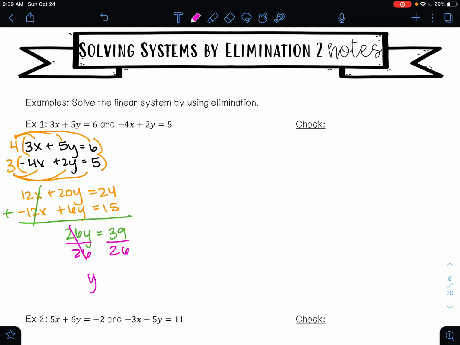And when you do this in your calculator, where did my calculator go? There you go. I think this is 1.5, but let me just double check. So let's see, 39 divided by 26 is 1.5. So you're just going to write 1.5.